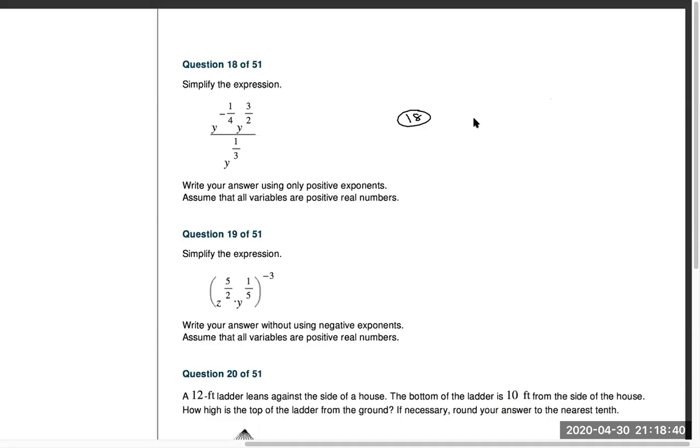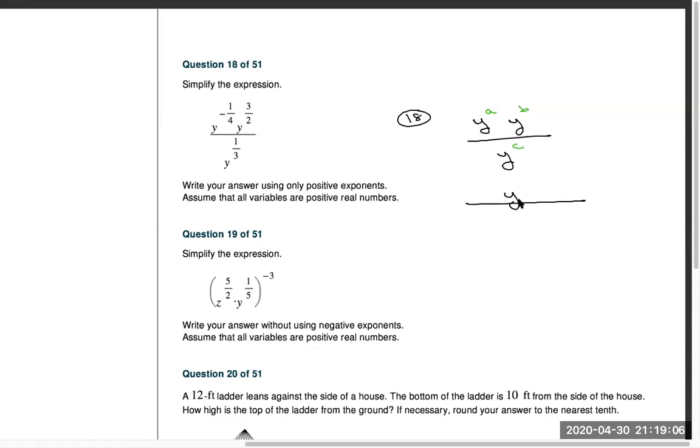For this part, it might help to remember some previous exponential rules to clean up the work a little bit. Okay, let's say we were trying to simplify y to the a times y to the b, all divided by y to the c. Well, what would we do with our exponents in each case? So let's just look at the numerator first.